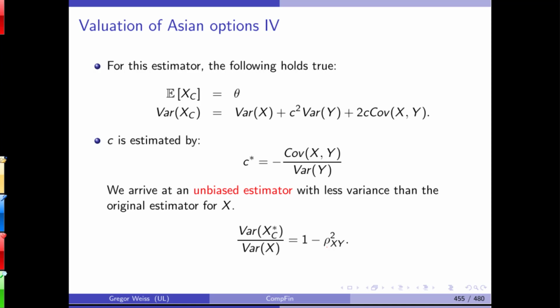And then you see that you get an unbiased estimator for theta. The expectation of your estimator, of your statistic, is the parameter in the population, and the variance is actually smaller. The variance of Xc star divided by the variance of X is 1 minus the squared correlation between X and Y.